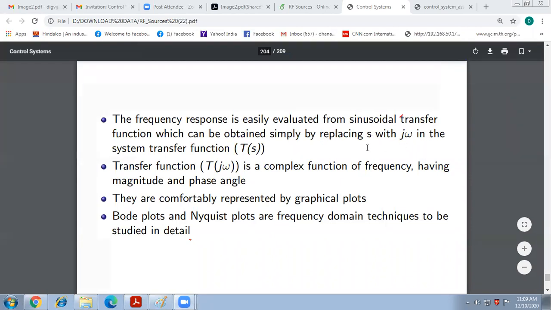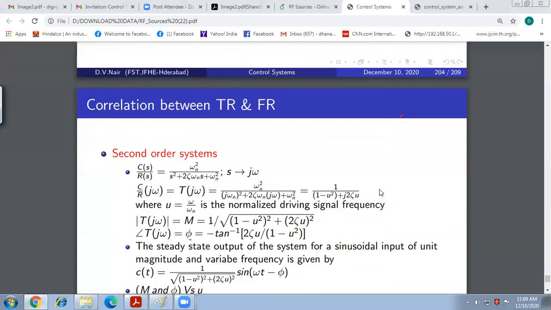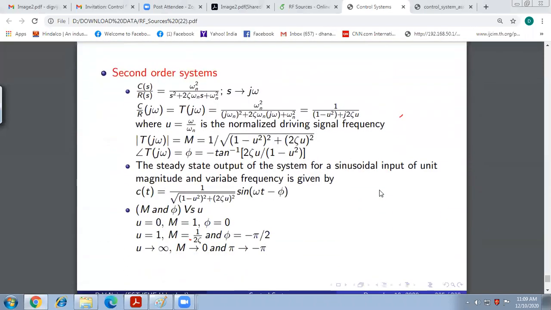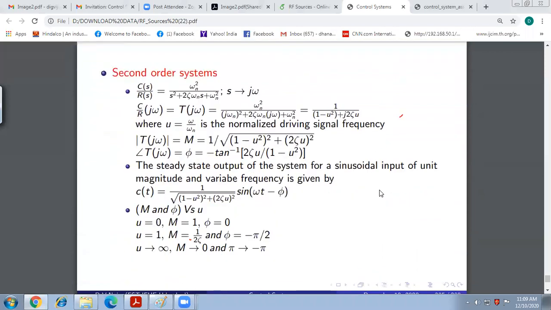The new function will be called a sinusoidal transfer function, and then you can quickly obtain the magnitude and phase angle, right? Okay, friends, that is all about frequency response and its representation.